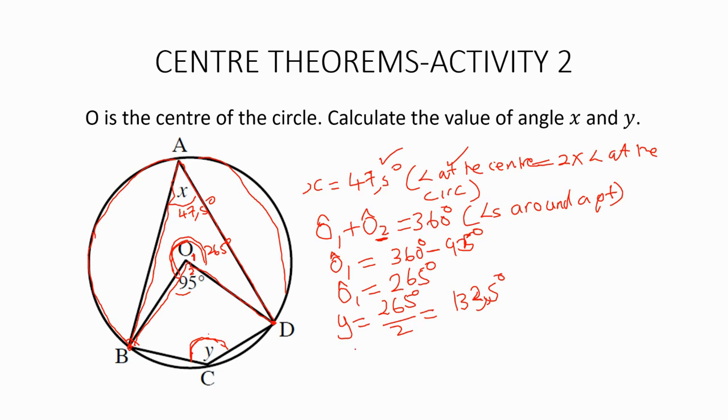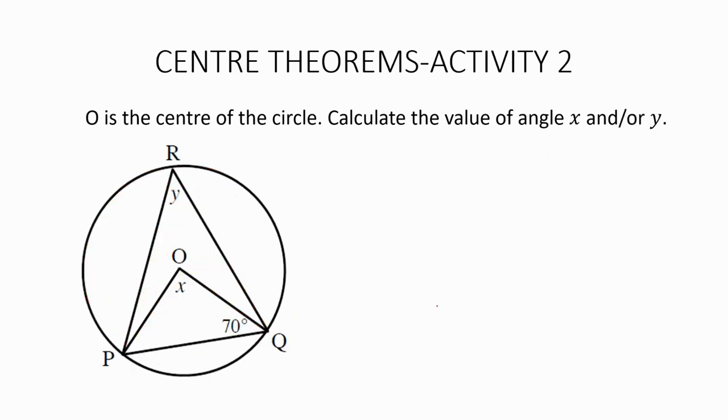Because the same reason here, angle at the center equals 2 times the angle at the circumference. Okay, right, you see that. Now we have our y, which is 132.5 degrees. So we got our x and y. Okay, right, now let's move on to the next one.